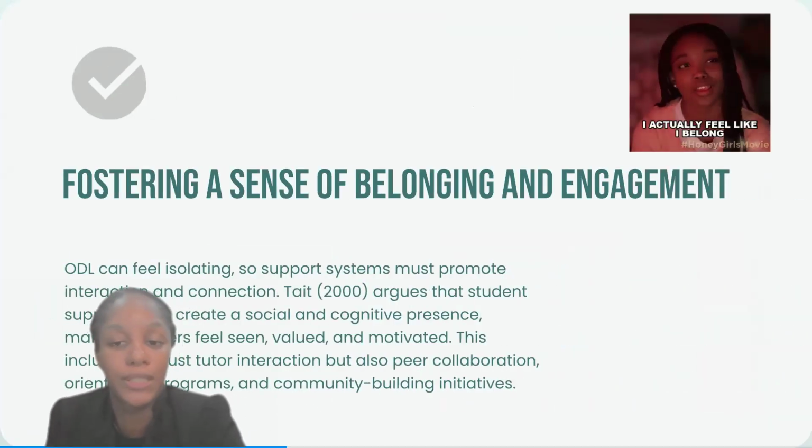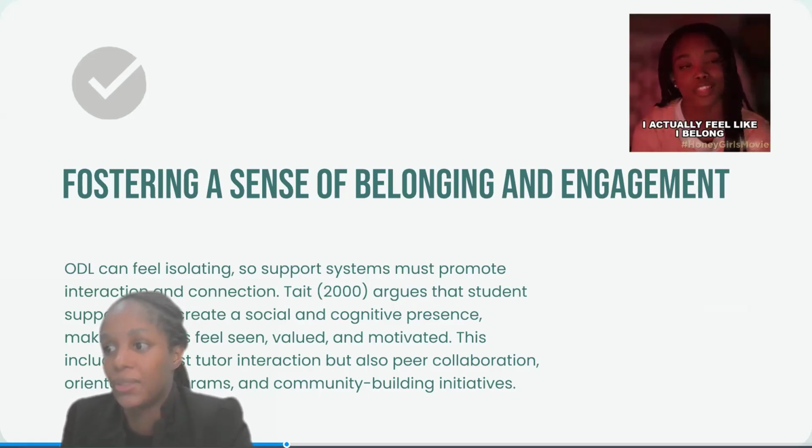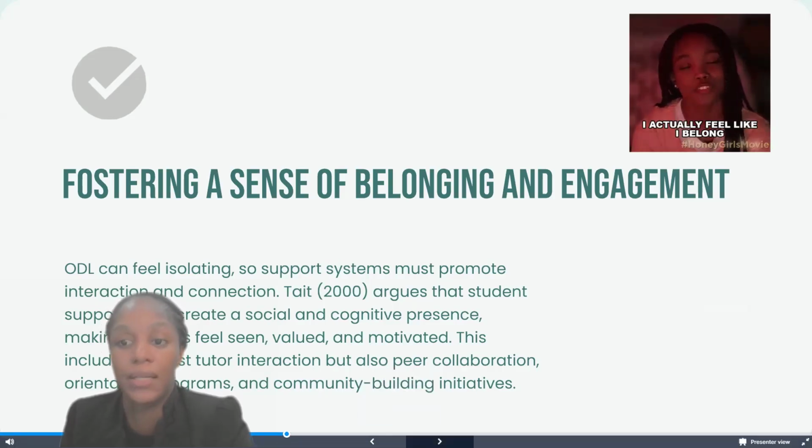Lastly, student support systems help foster a sense of belonging and engagement, which is crucial in distance education, as I know we all can agree. Tate 2000 argues that student support helps create a social and cognitive presence, making learners feel seen, valued, and motivated, which are again key integral aspects of a successful distance learning educational experience.